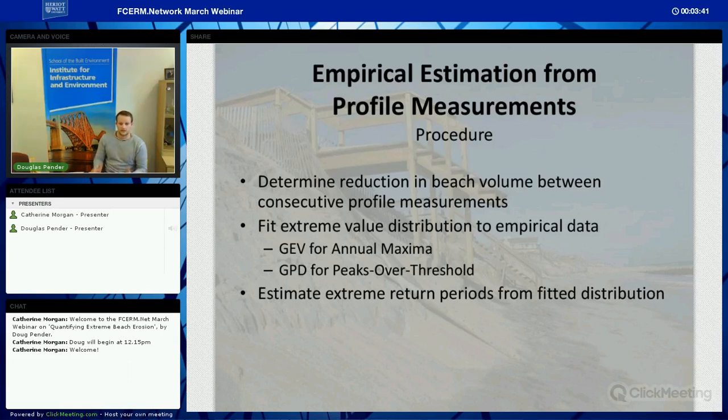Then you use the same techniques as you would to estimate extreme flood events or extreme wave heights: you fit those estimated erosions to an extreme value distribution, and then use the fitted coefficients to estimate extreme return periods for erosion. We're lucky at Narrabeen. You can only really do this if you have a location with enough profile measurements over a long enough period of time, say 20 plus years, to have confidence in your extreme estimation.